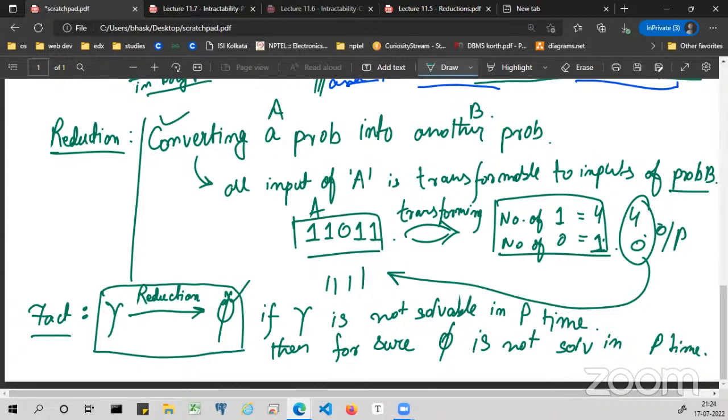Now if gamma itself is not polynomial time solvable, then I am doing some extra work to make it more difficult and get to phi, and phi is more difficult. That's why if gamma is not solvable in polynomial time, phi must also not be solvable in polynomial time.